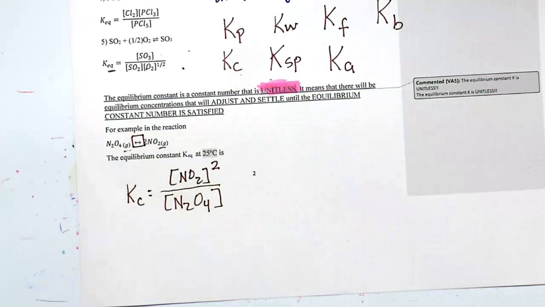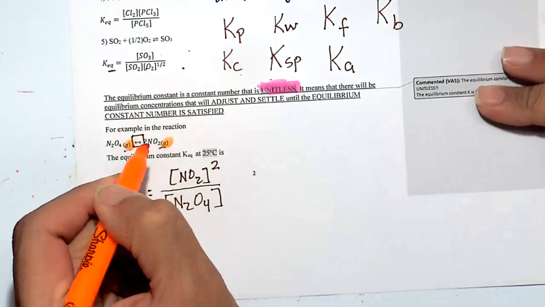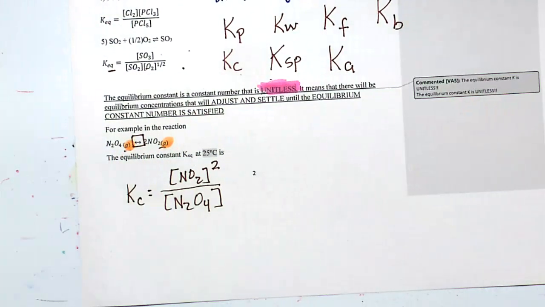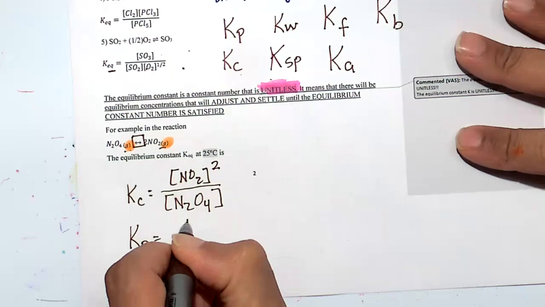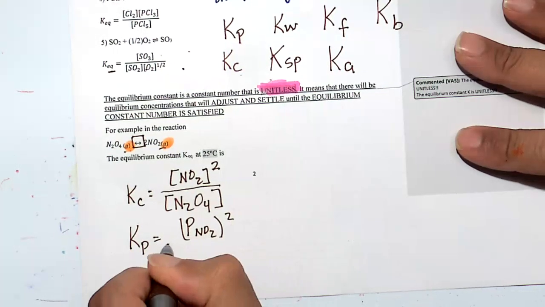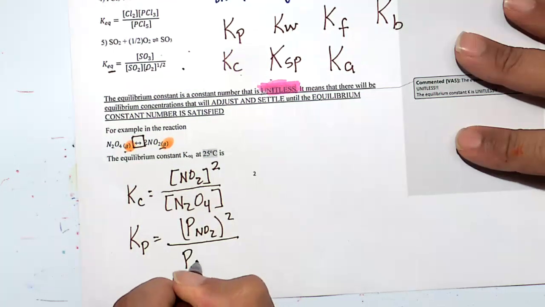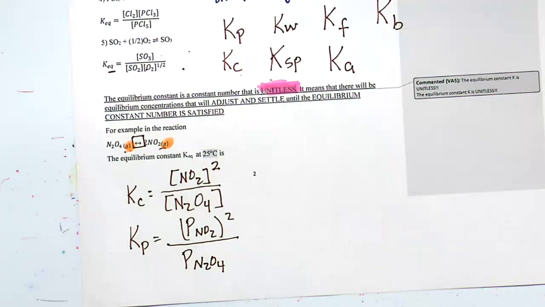You see that these are gases. And so we can also do a pressure. That's going to be pressure of NO2 squared divided by pressure of N2O4. Because they are gases.